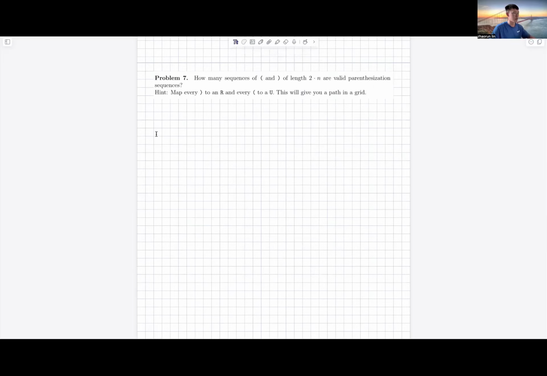The definition of validity of parentheses is that at every prefix, the number of opening brackets should be at least the number of closing brackets.